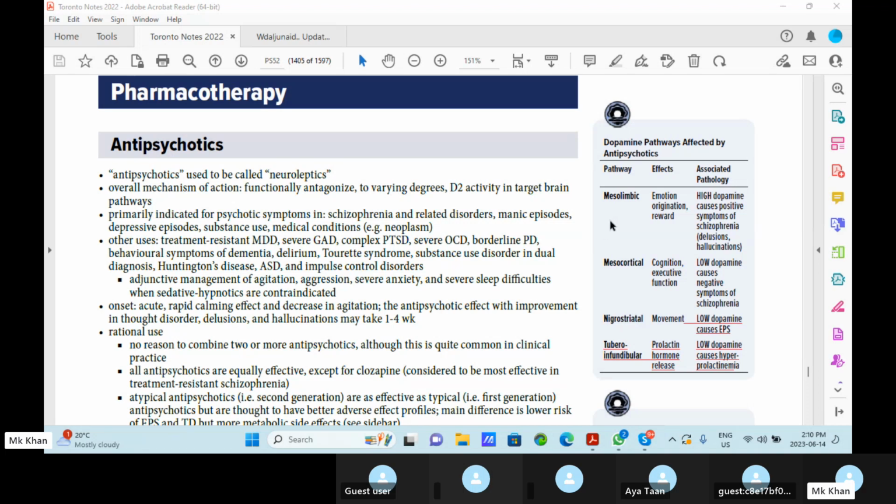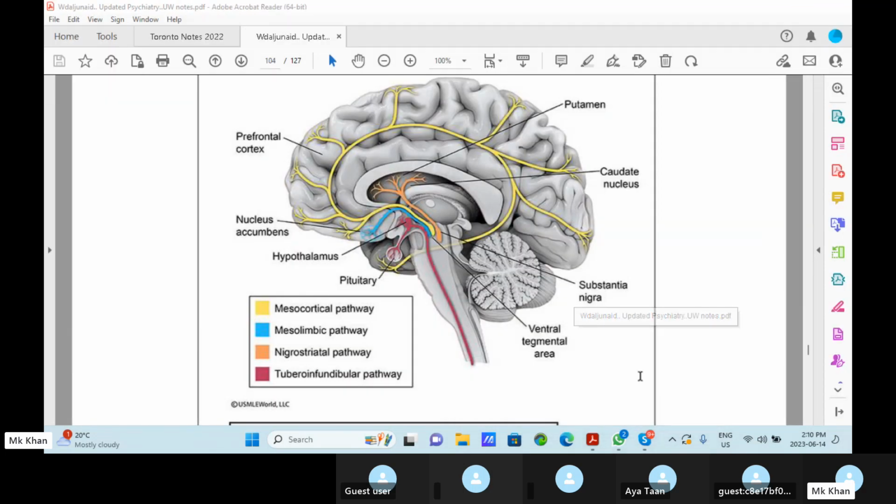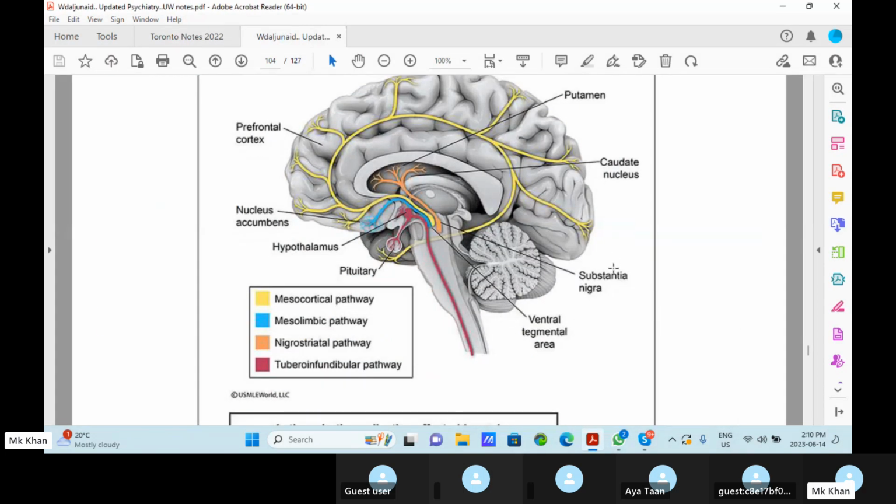So basically, there are four pathways: mesolimbic, mesocortical, nigrostriatal, and then tubulo-infundibular. In the UWorld, there is a very nice picture, so we can just go through it quickly. This is the brain, and these are the four pathways where the antipsychotics are actually working.